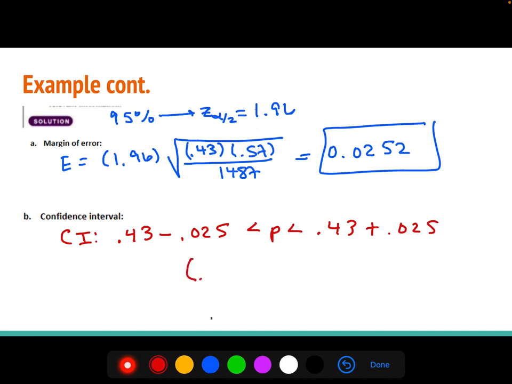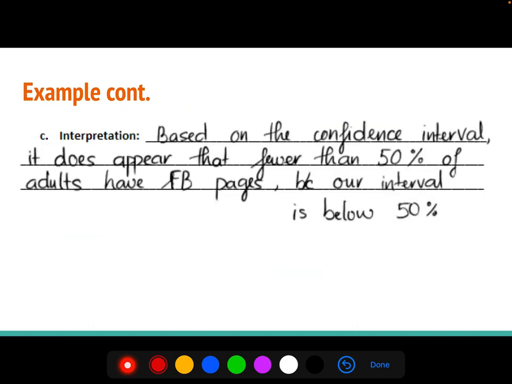And one way to write that succinctly is 0.405 to 0.455. Part C, our interpretation. As you can see, based on the confidence interval, it does appear that fewer than 50% of adults have Facebook pages, because our interval is below 50%. Remember, it was 0.405 to 0.455. 50% is 0.5. So this is low, so yeah.